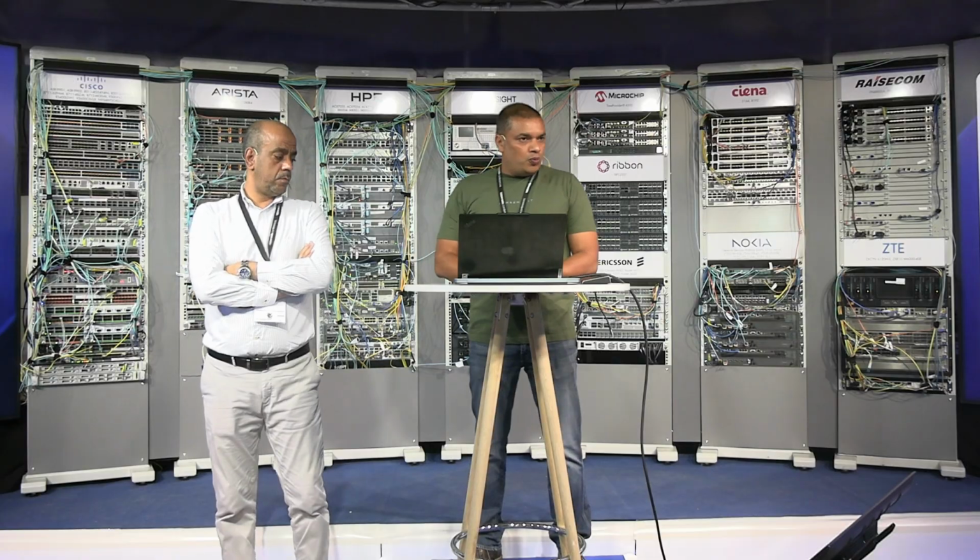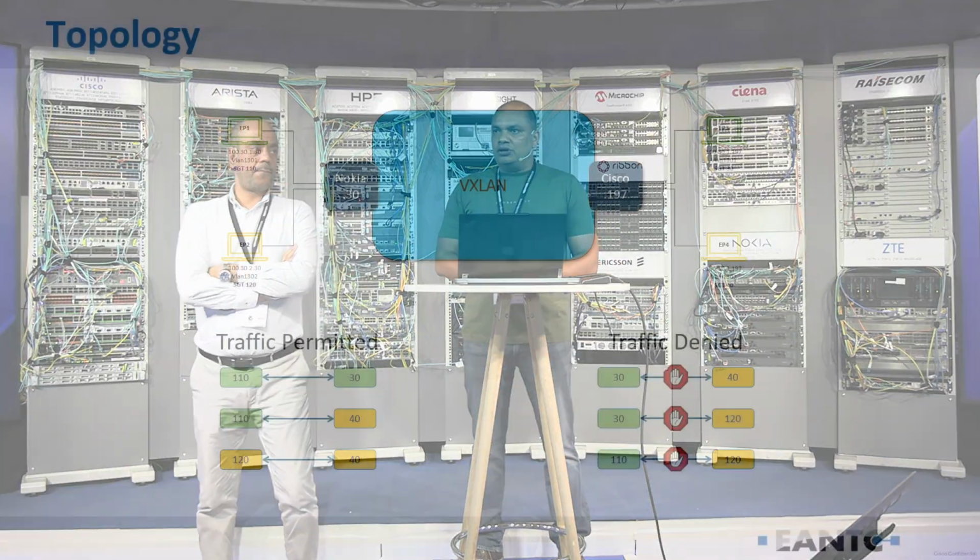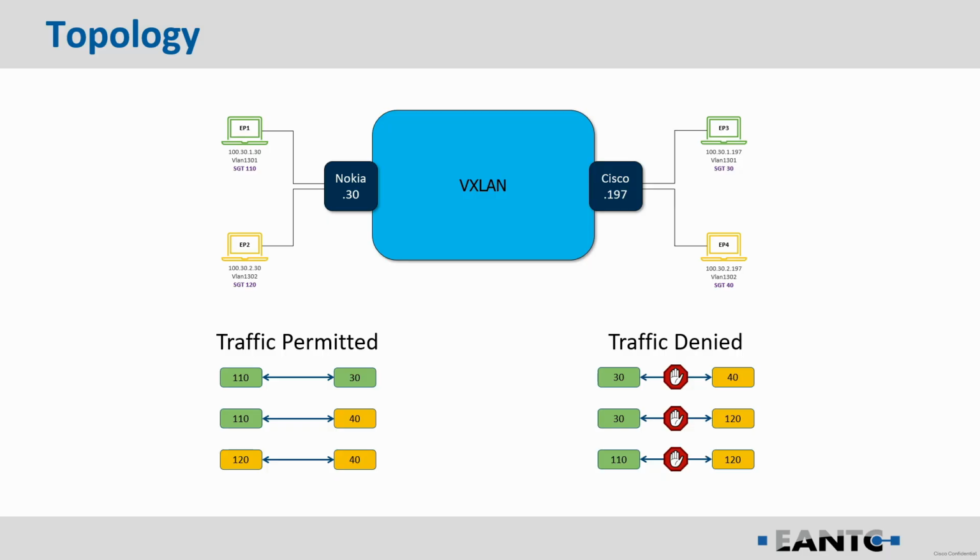So here's the topology we have worked on. This test was done between Nokia and Cisco devices. On the left-hand side you can see the Nokia VTEP, that is .30, and on the right-hand side we have the Cisco VTEP. We have two endpoints connected to both VTEPs.